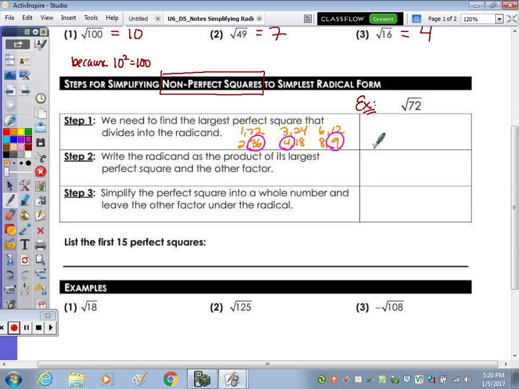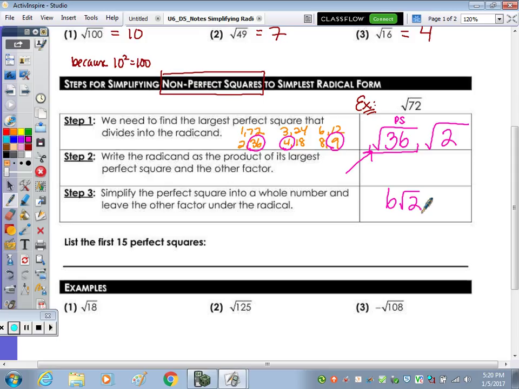So we break it down into the square root of 36, our perfect square factor, and then we put the 2 second. We do that because we can take the square root of 36. Step number 2, write the radicand as the product, so that's right there. Then simplify: the square root of 36 is going to be 6, and then radical 2.